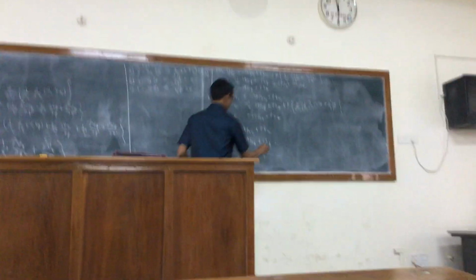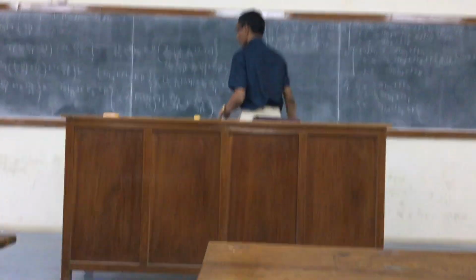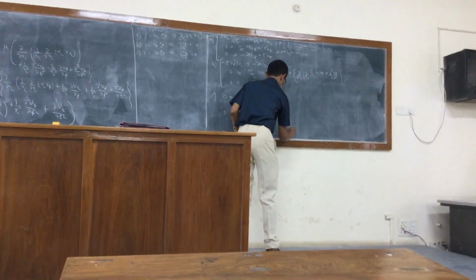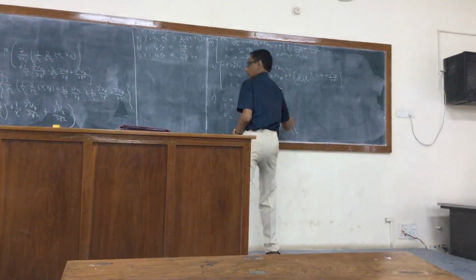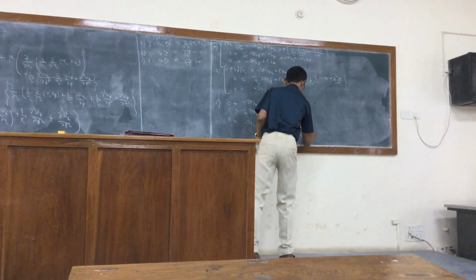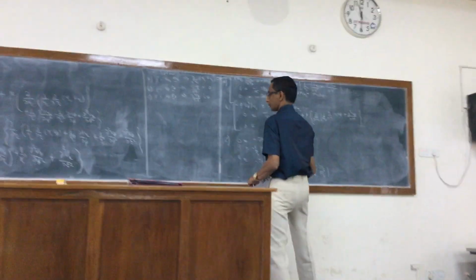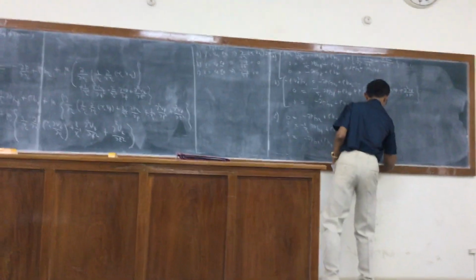So the viscous term would have two terms, 1 over RC d by dRC of RC dVz by dRC, plus 1 over RC squared d squared Vz by dphi squared.